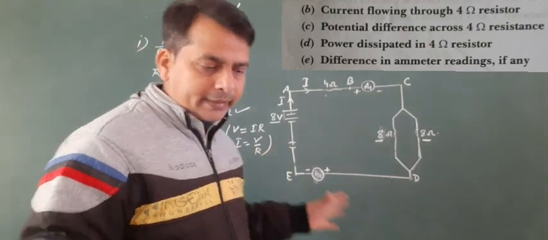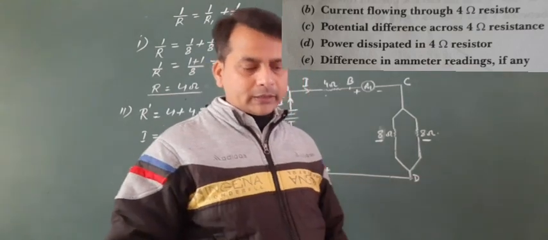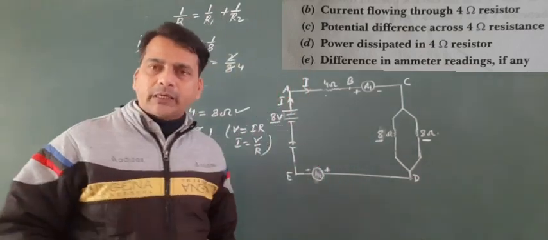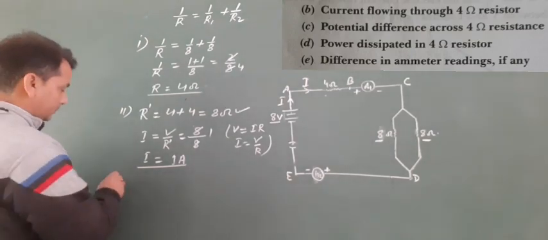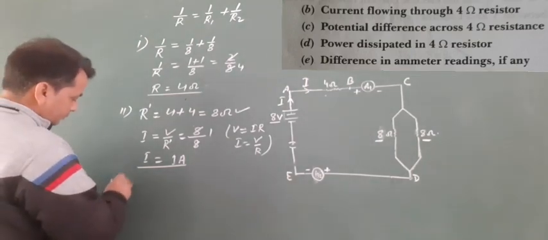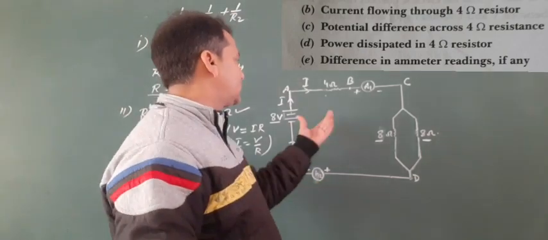Now the third question is about the potential difference across the 4 ohm resistor. Question number 3. What is the potential difference?